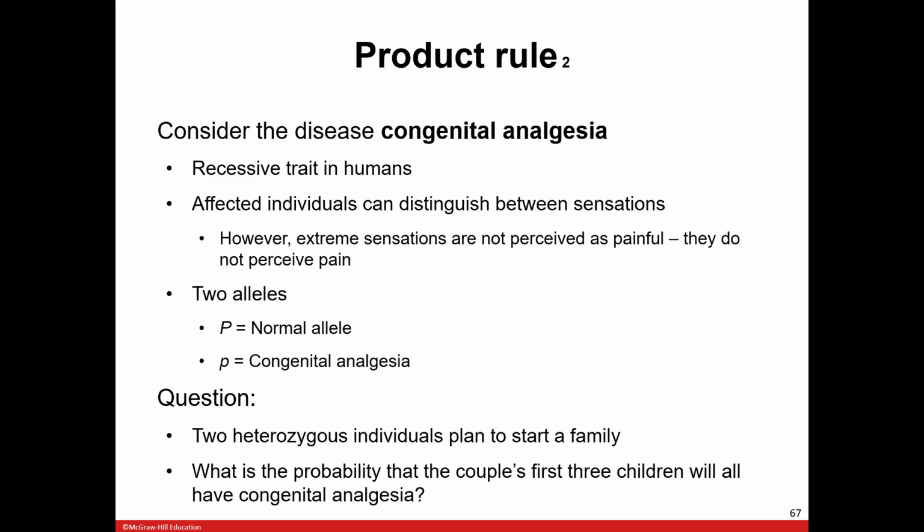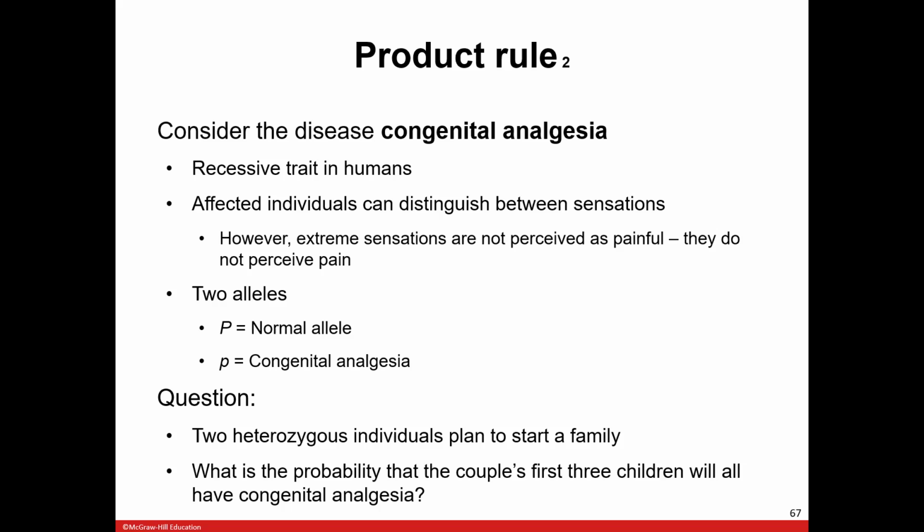In this case, they're talking about a disorder called congenital analgesia, a recessive trait in humans where they can distinguish between sensations, but they don't perceive extreme sensations as pain. Not perceiving pain is quite dangerous, because if you touch something hot, usually your body says, hey, this hurts, pull your hand away. If you have this condition, you're not going to pull your hand away. Or you could end up breaking bones or having a bad cut and not even know that it's there.